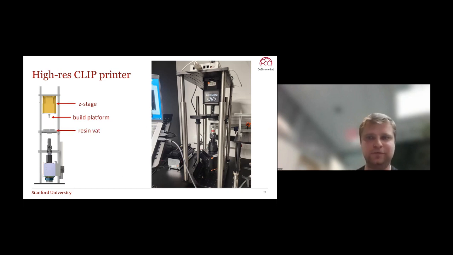There's a resin vat, which contains the resin, and some optics to focus light, and the light is coming from a UV light engine. A UV light engine is essentially just a fancy word for a projector that projects light. It's much like an overhead projector in the conference room, except it projects a very small image with very high pixel density onto resin and in UV, but otherwise it's a very, very similar process.